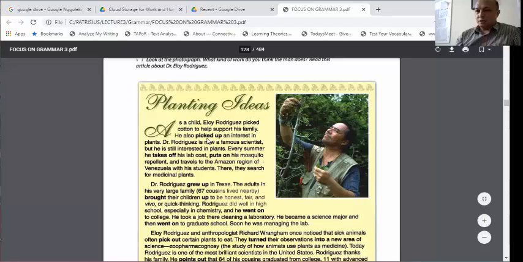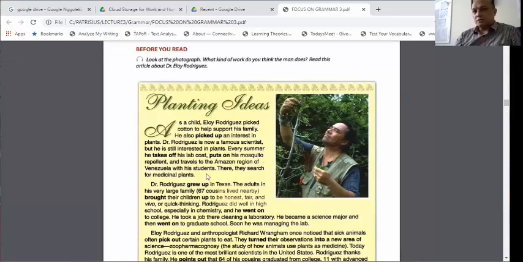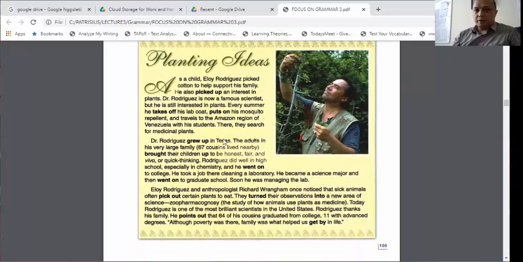So you can see here things like picked up, takes off, puts on, grew up, etc. So you may conclude that a phrasal verb consists of two elements. One is the verb, like pick here, and up here is the particle.